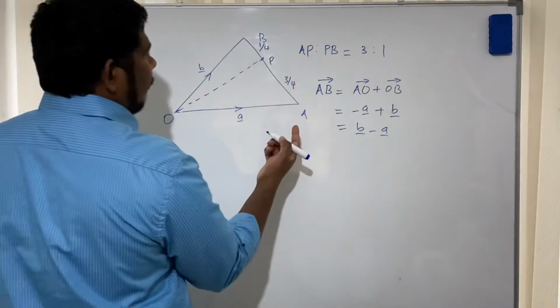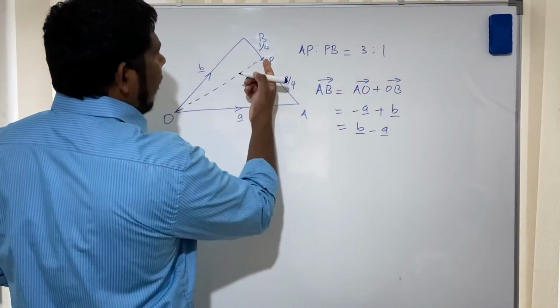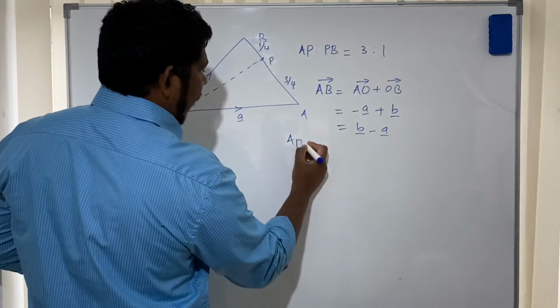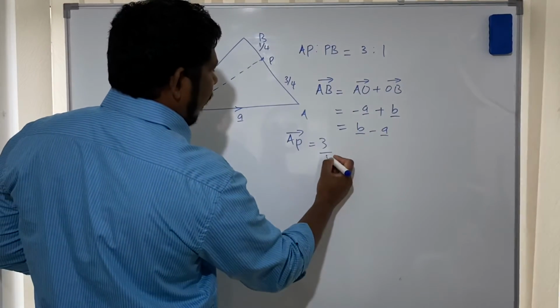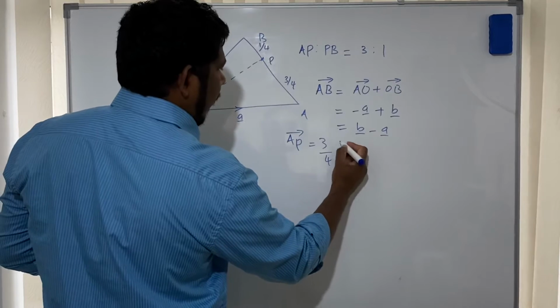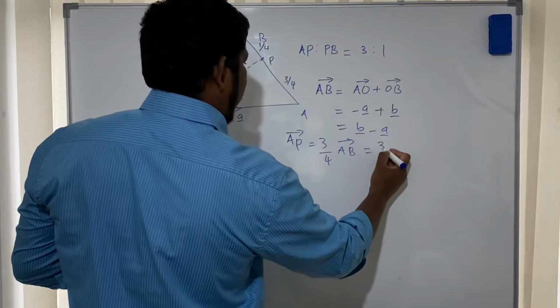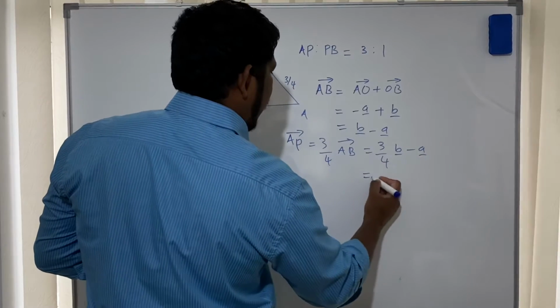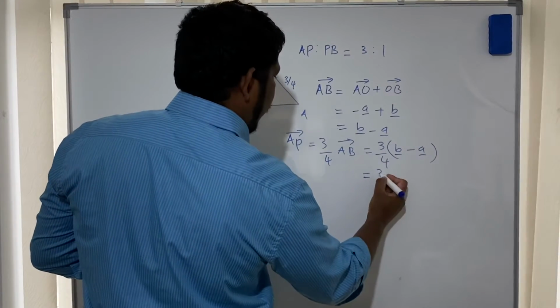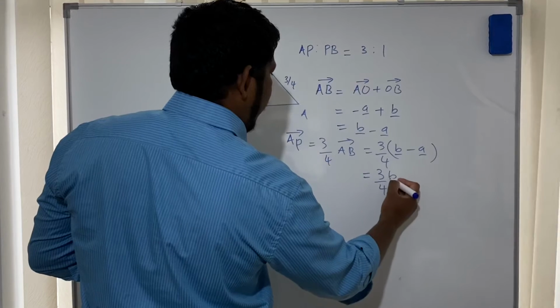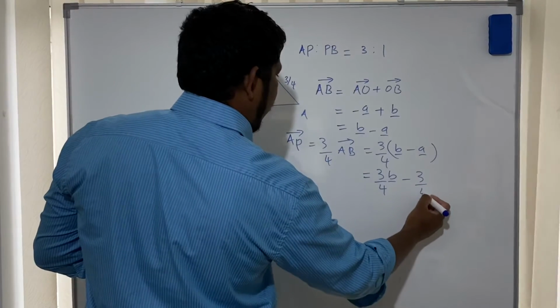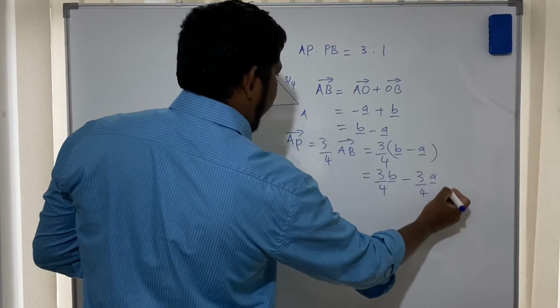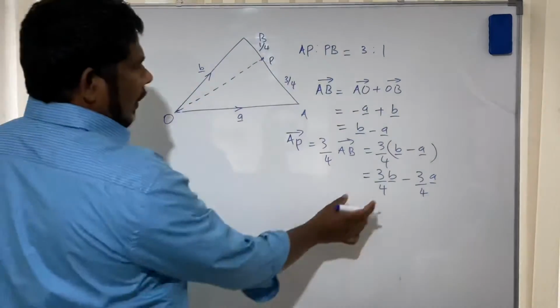So we know vector AP is 3/4 of vector AB, that's 3/4 of (b minus a). So I can put 3/4 of vector b minus 3/4 of vector a. This is the vector AP.